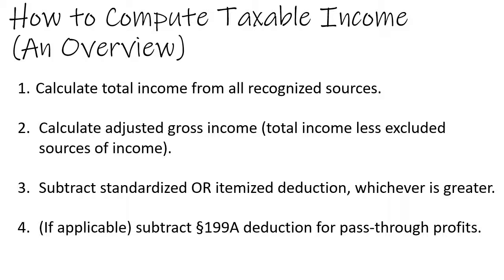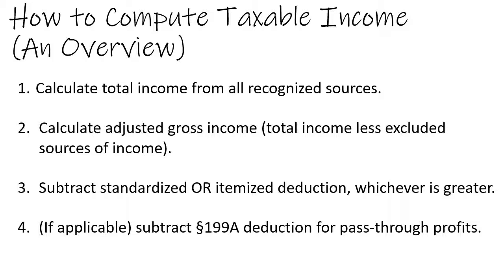Now that we understand the different filing statuses, we can begin to compute taxable income. This is a four-step process. First, calculate total income from all recognized sources. We're going to look at, in subsequent chapters, what comprises income from investment, as well as what comprises other income. Step 2 is calculate the adjusted gross income, which is the total income less specifically excluded sources of income.